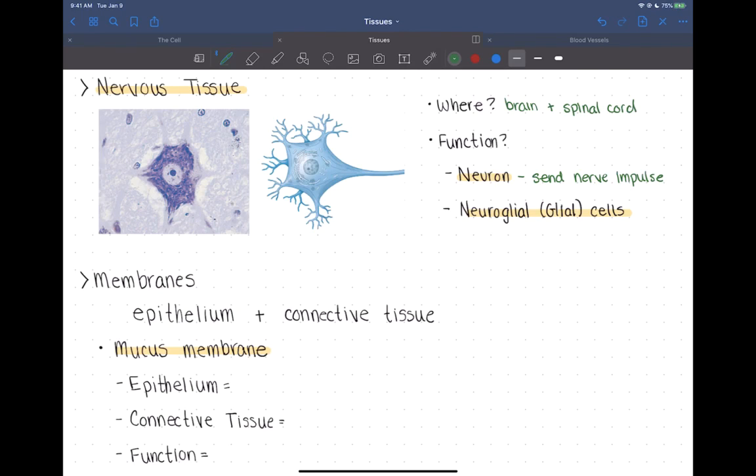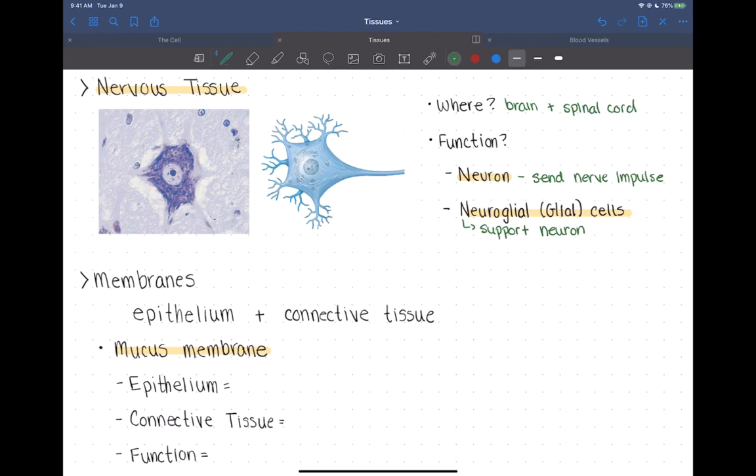Their job is to support the neuron. You're going to learn later about many different types of glial cells, and they all do different jobs. But in general, they support the activity and the health of the neuron.